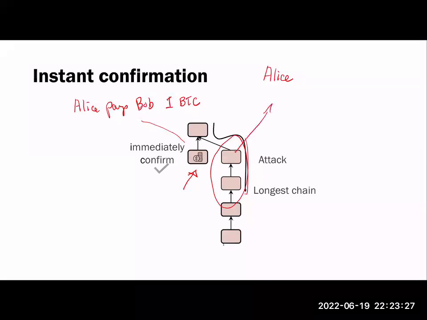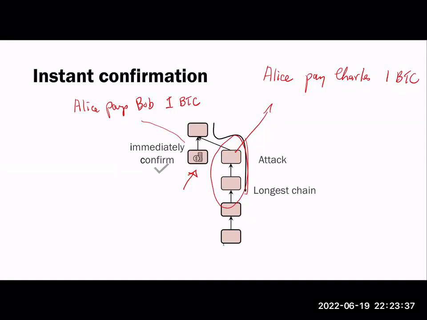Instead, what is in the ledger could be Alice pays Charlie the same Bitcoin. Each Bitcoin is basically defined by a private-public signature pair. So now the new ledger is Alice pays Charlie 1 Bitcoin.